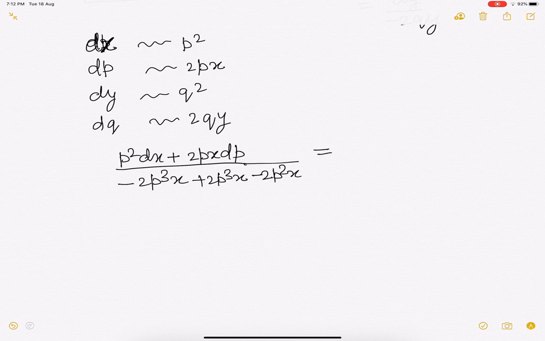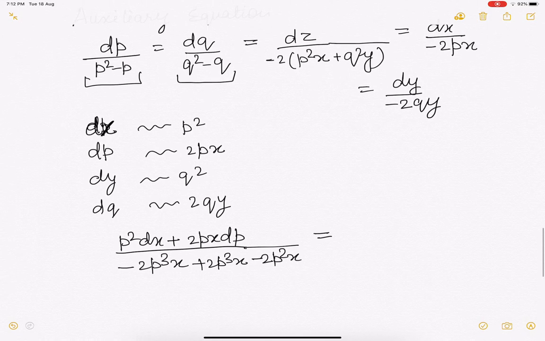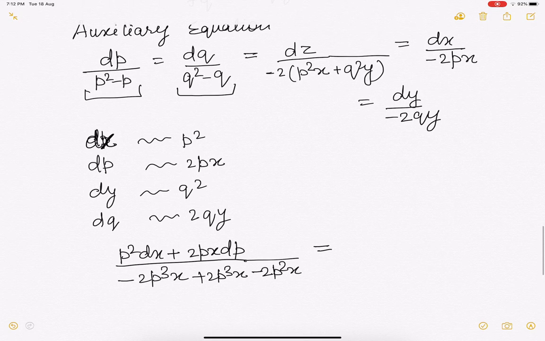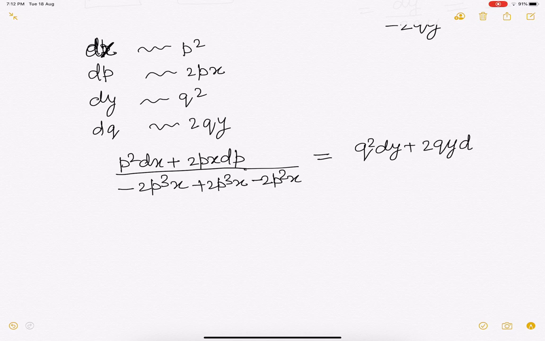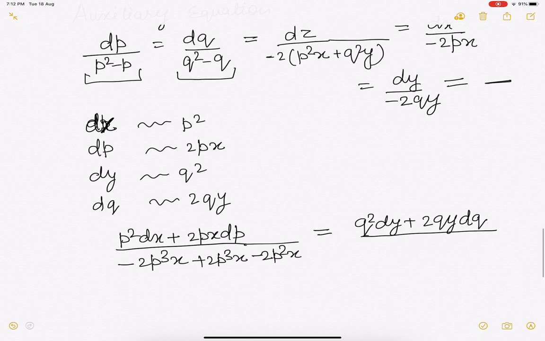So this is equal to, whatever multiplier we take, this is equal to all of the terms of the auxiliary equation. Now we take q square dy plus 2qy dq. So what will be q square dy? What is the term for dy? It is minus 2qy.